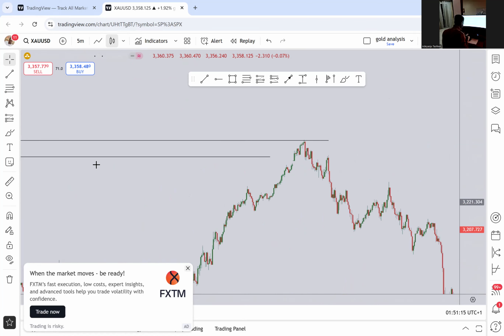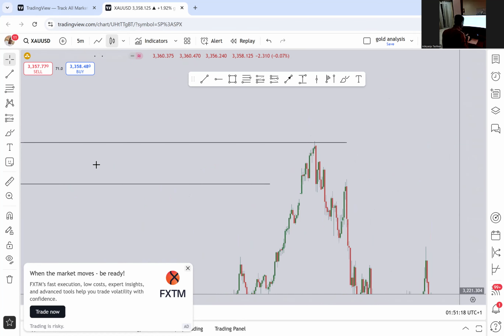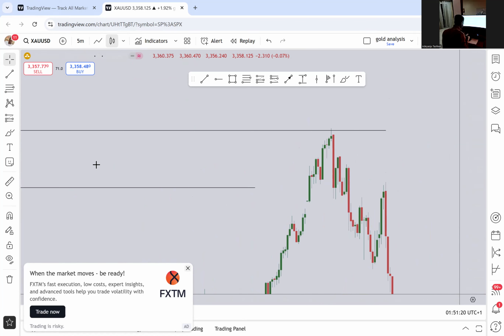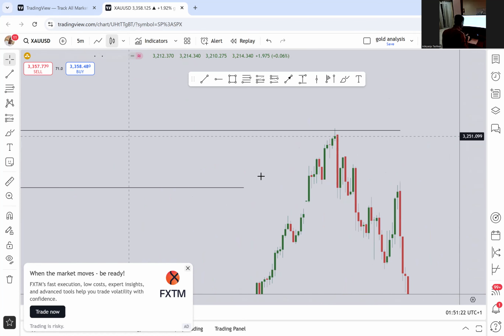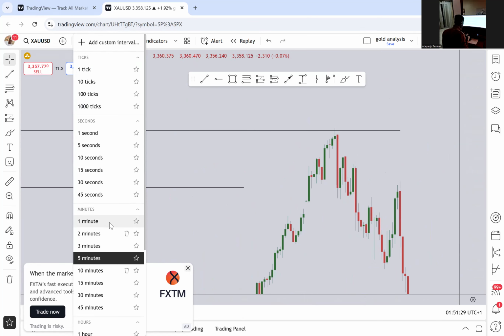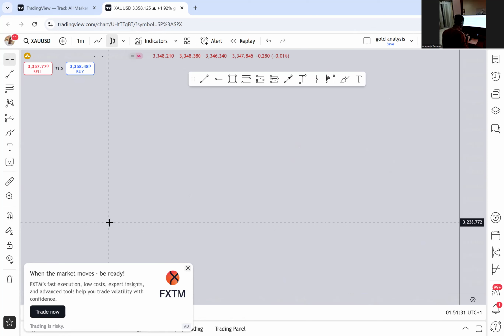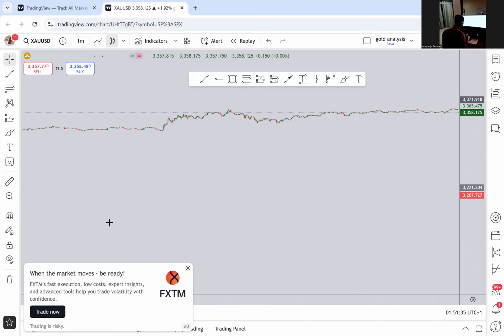You can see that this level here tapped out the high. So that will be clear on the lowest time frame.